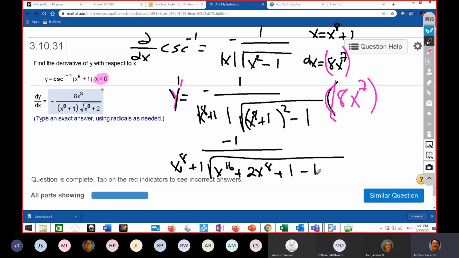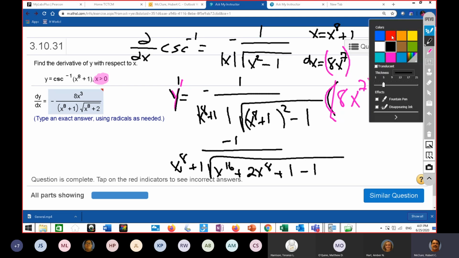And it's time for our red pen. And our red pen is going to take out those 2 1s. And that's going to give us -1 over x to the 8th plus 1 square root of x to the 16th plus 2x to the 8th.